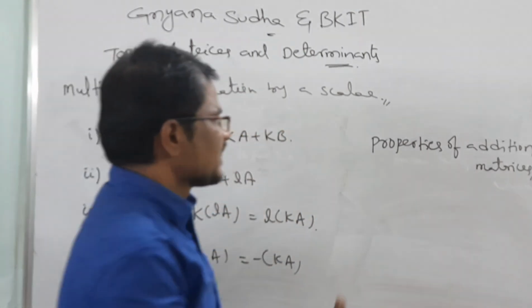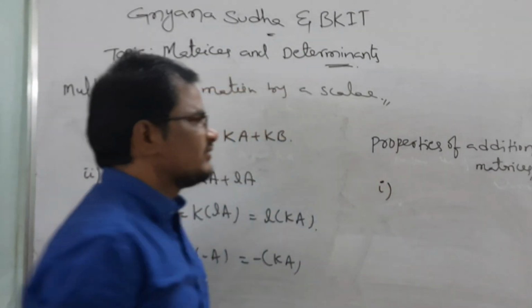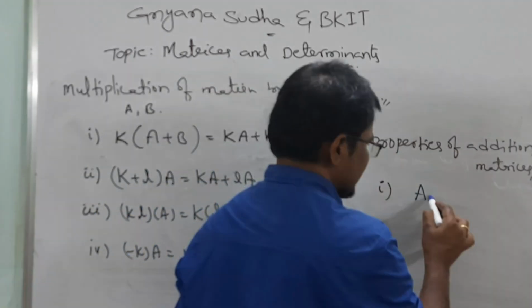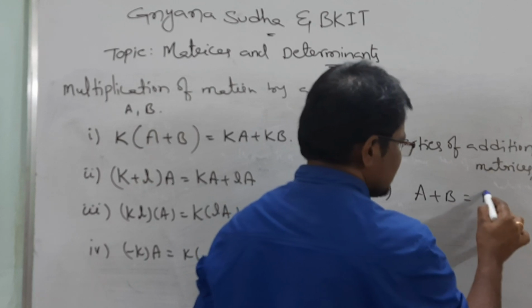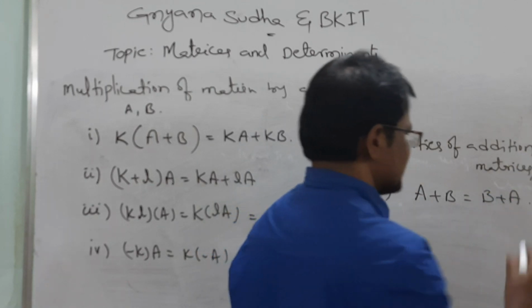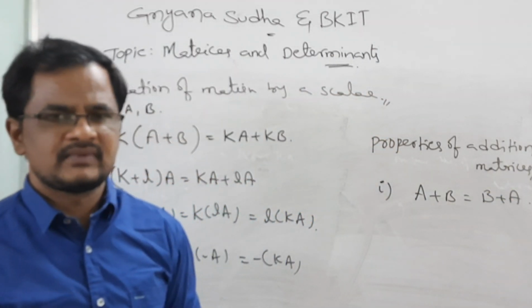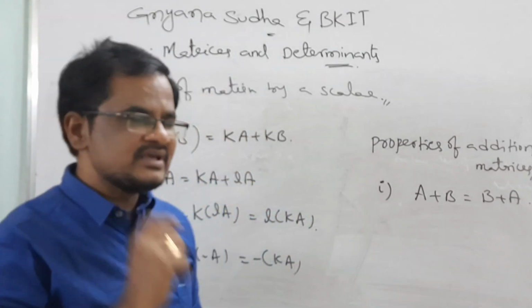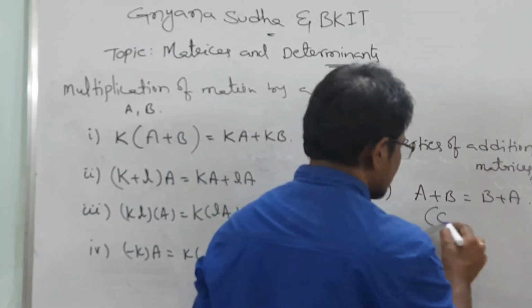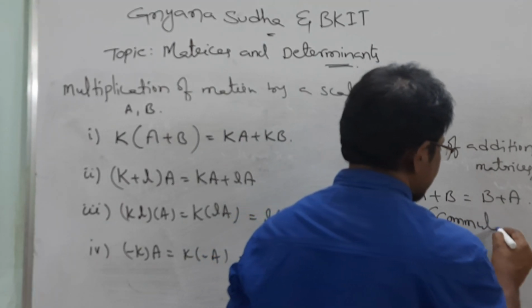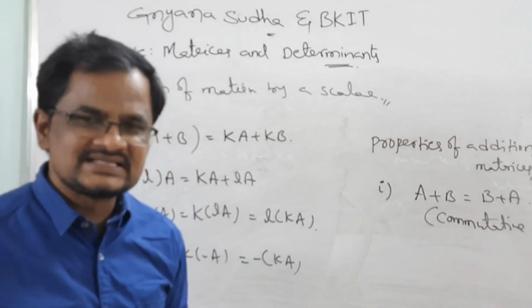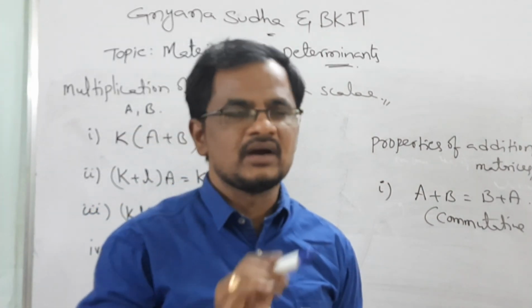And here, properties of addition of matrices. If you add A plus B, and if you add B plus A, both are the same. For that, one name is there, that is nothing but commutative law. Means matrix addition holds the commutative law.